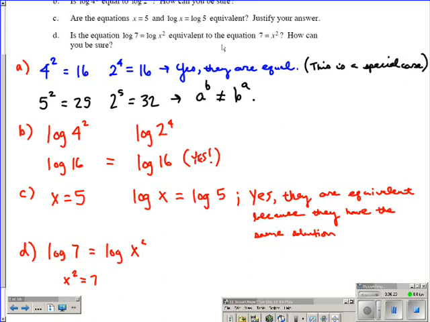It's asking if that's equivalent to the equation 7 equals x squared. Well, in this case, yes. If x squared has to equal 7, then when you solve those, you would end up with the same value of x that would make it true. So yes, they are equivalent.